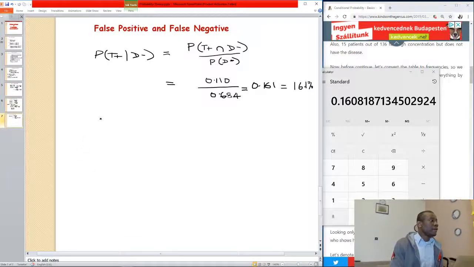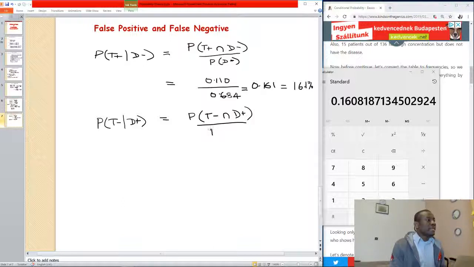So the probability that the test result is negative but the disease is there is going to be the probability that the test result is negative and the disease is there, divided by the unconditional probability that the disease is there.